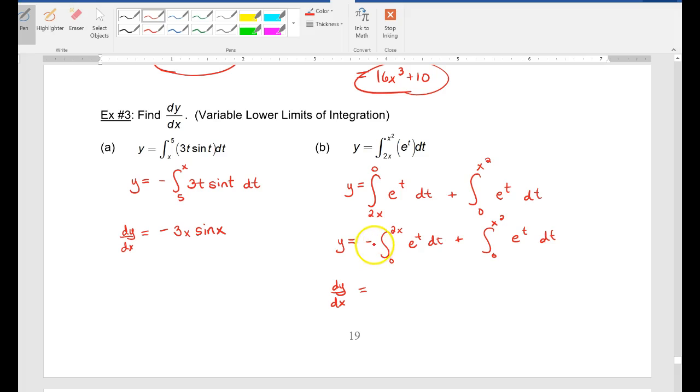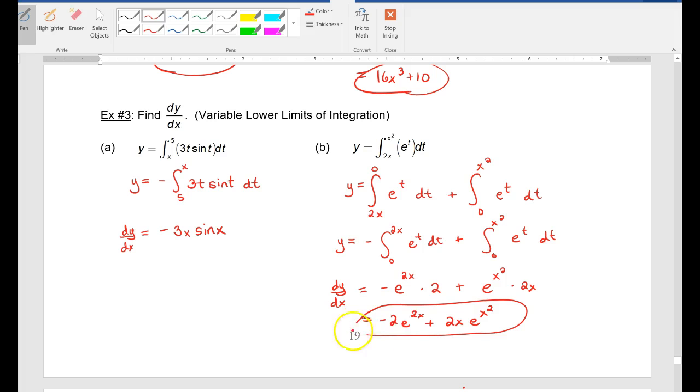I have a negative, so I have negative e to the 2x times the derivative of 2x, which is 2, plus e to the x squared times 2x, because that's the derivative of x squared. So I have negative 2e to the 2x plus 2x e to the x squared. No reason to simplify that any further.